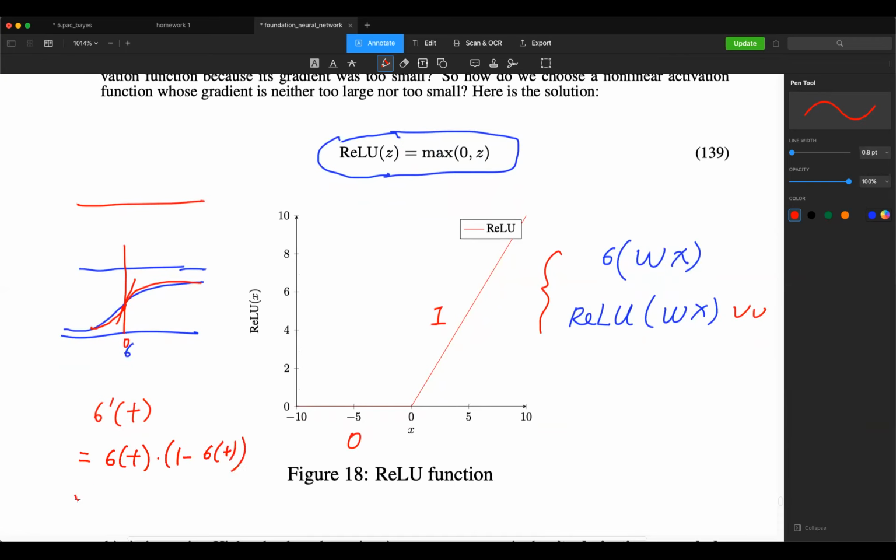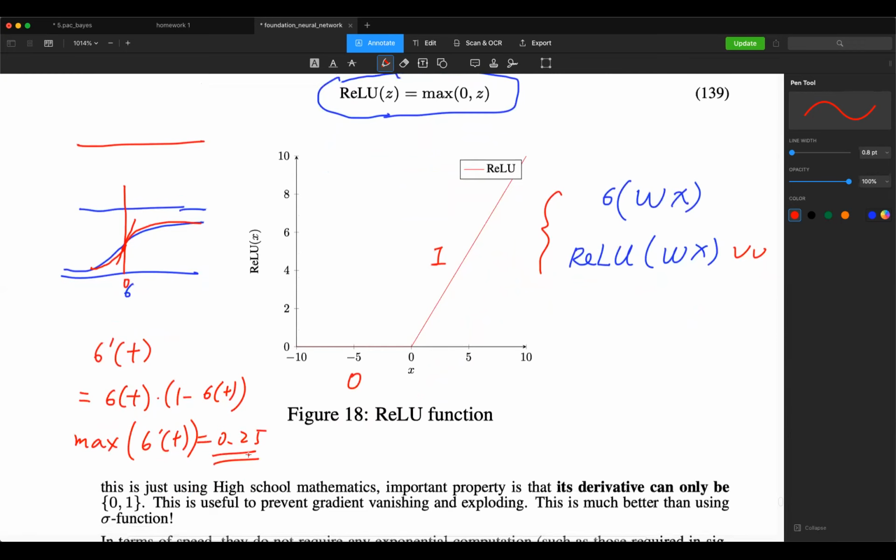Which means that the max of your gradient for the sigmoid function is 0.25. And if you multiply lots of gradients together, numerically it will be very close to 0. But really, when one gradient is already 0.